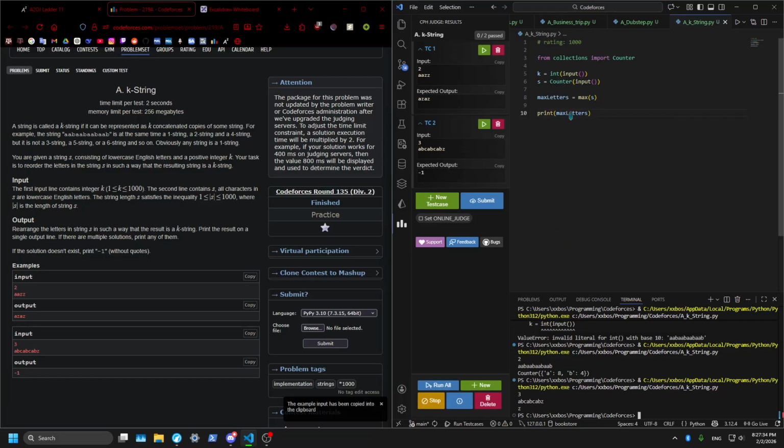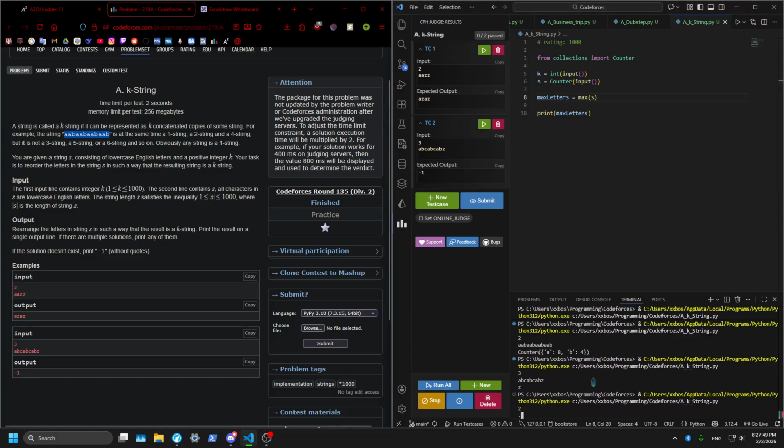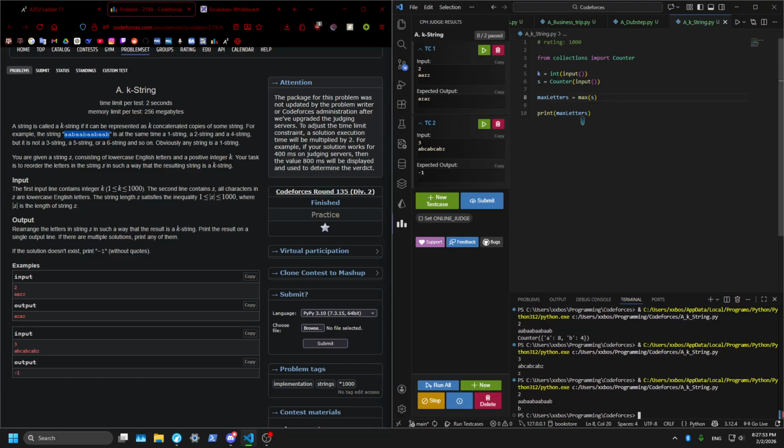Z. Why did this output Z? And this would output B? Okay, I kind of get it.